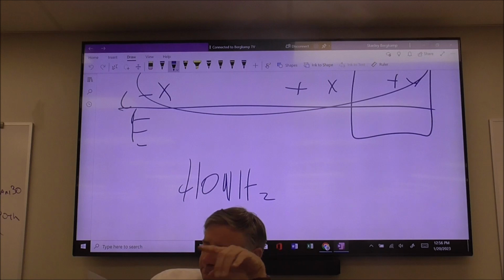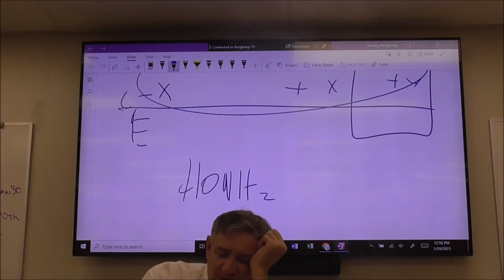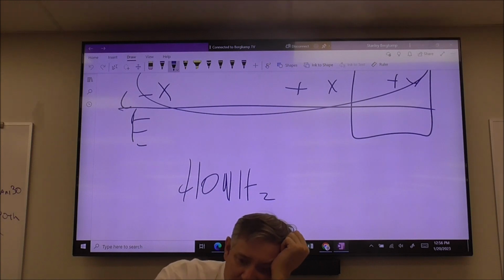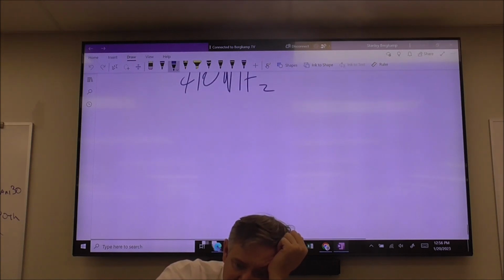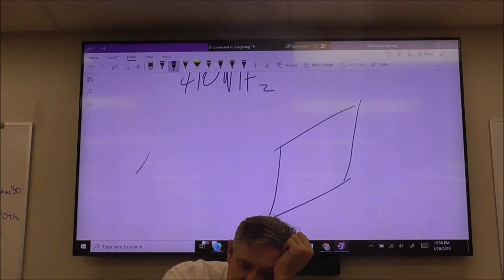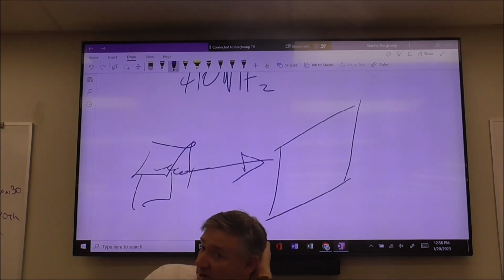When you get to question number 2, let me give you a quick refresher on Ernest Rutherford's experiment. He had a radioactive source that would randomly decay and shoot out what he called alpha particles, because he didn't know what they were.